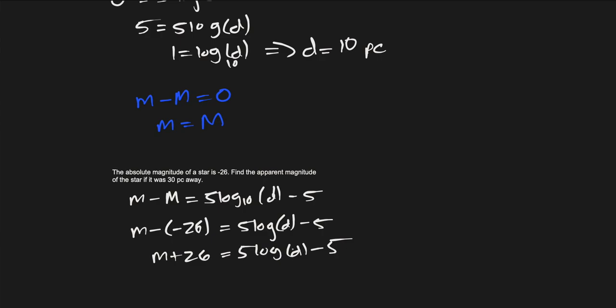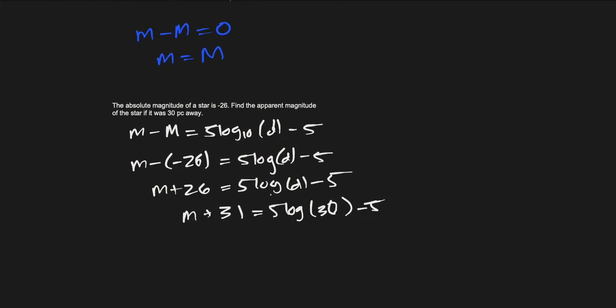So we can add 5 to both sides, so we get m plus 31. And let's not forget to plug in 30 for d.